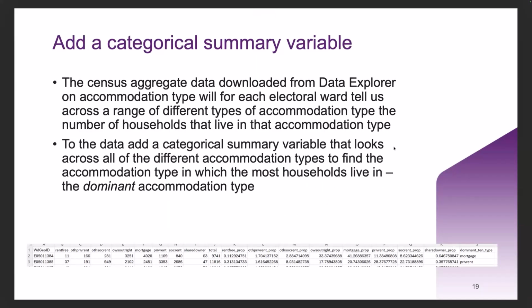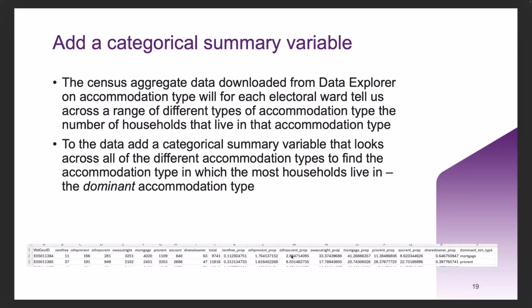And I say those first two are essential in order to be able to map the data. This third thing, when I add a categorical summary variable, is just an extra step that I'm doing, just to provide an extra thing that I can map. What this is going to do is look across all the different census variables, so in this case the different types of rent, mortgage, etc., and find the dominant one.